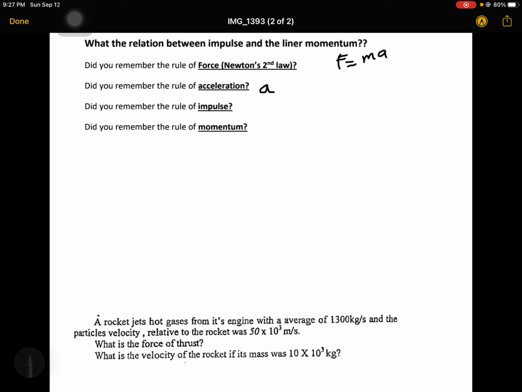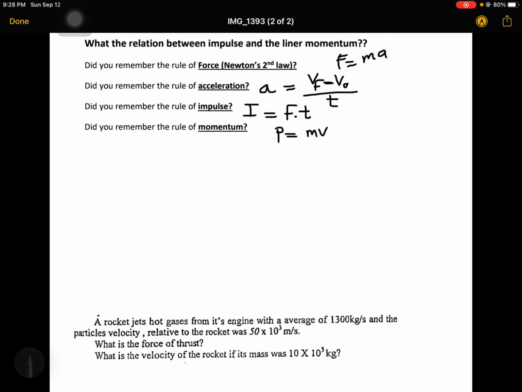And also, the rule of acceleration: acceleration equals the change in velocity, vf minus v naught, over time. And the rule of impulse was impulse equals force times time. The last thing we studied in the last session was the rule of momentum, which we say p equals mv.